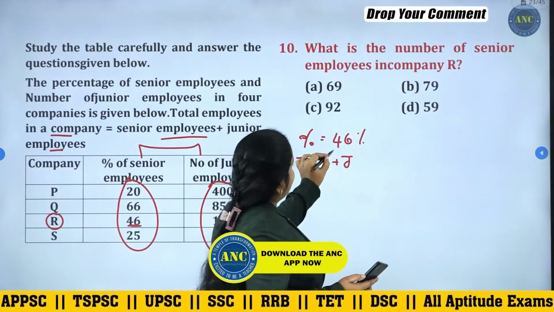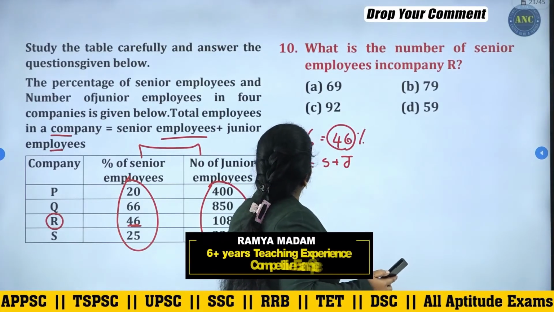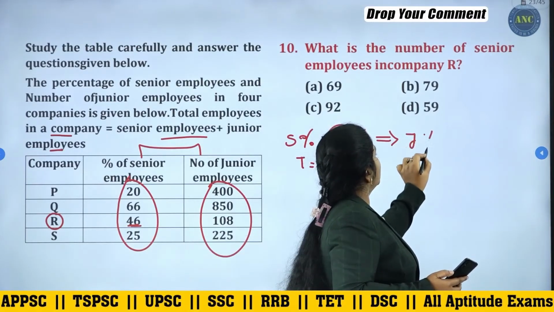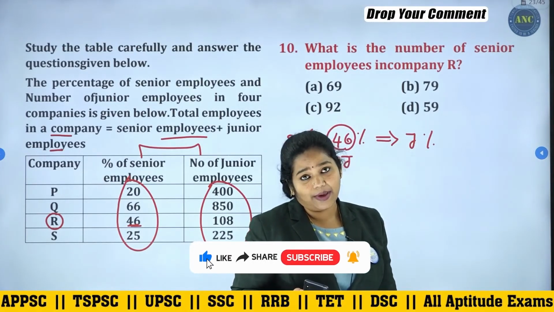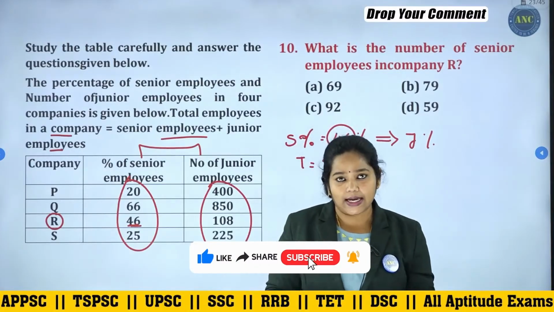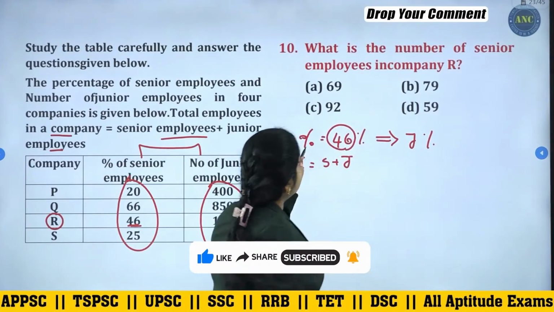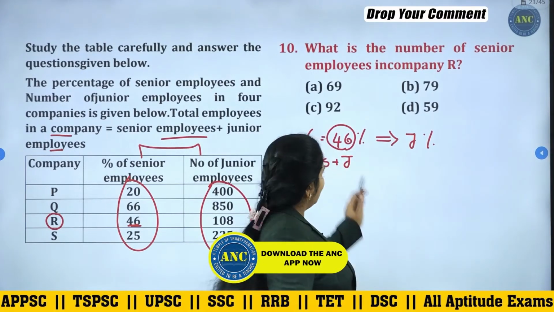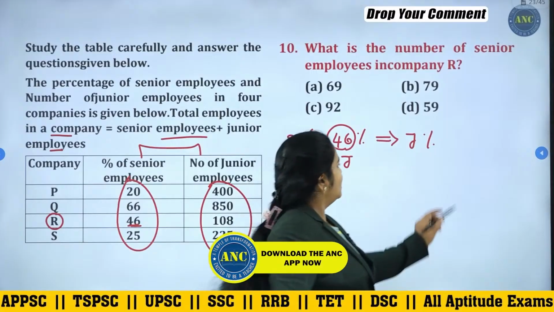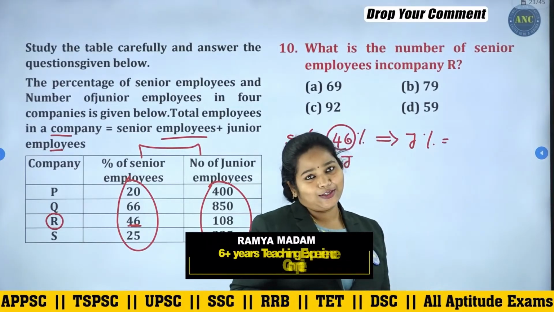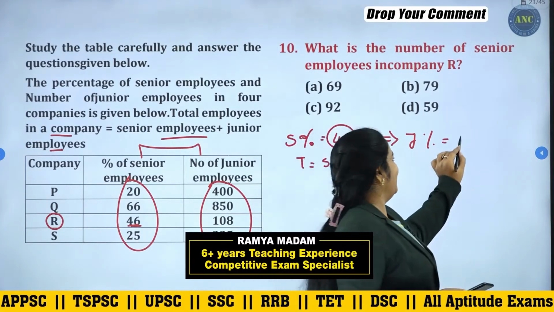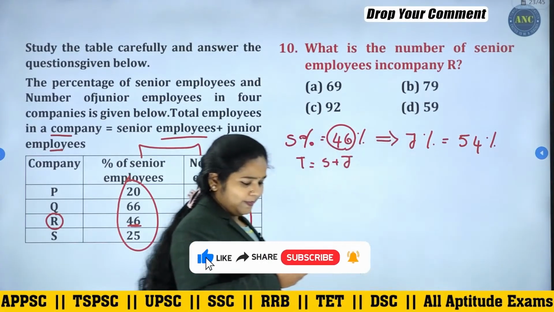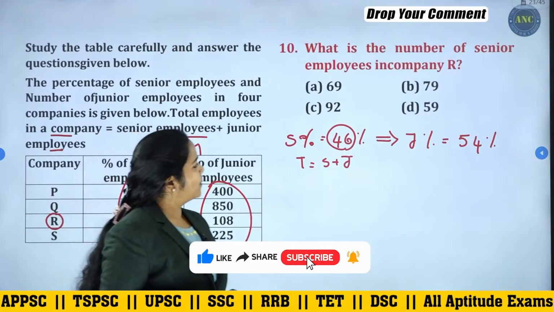If 46% is senior employees, then how much percentage will be junior employees? Total employees is 100%, 46% is senior employees. 100 minus 46 is how much? 54. Yes, 100 minus 46 is 54.